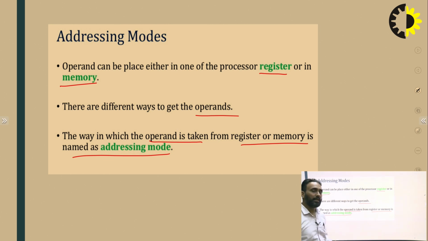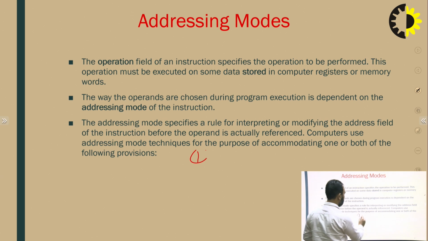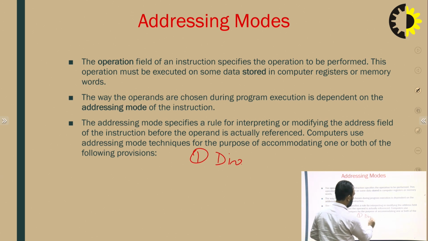To fetch the address or content from the memory or register location, we use different addressing modes. If we talk broadly, there are two types of addressing mode: one is direct and the second is indirect.